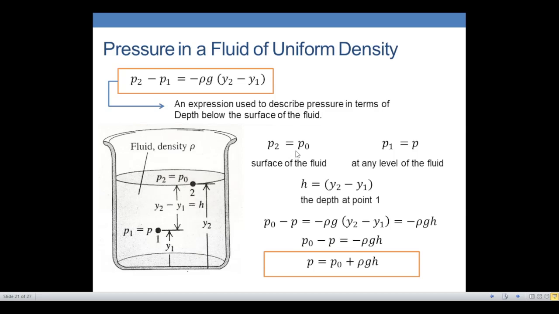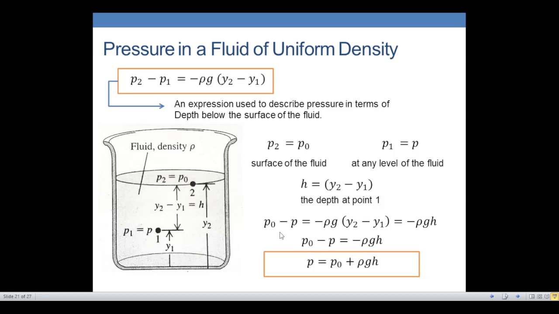Okay? And the h here, simply itong y sub 2 minus y sub 1. Okay? Take note, at any elevation inside the liquid or fluid. Okay? So, we can rewrite this particular expression that we derived in the previous video in this way.